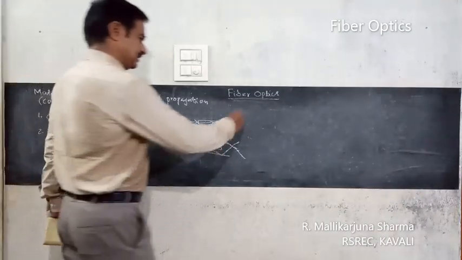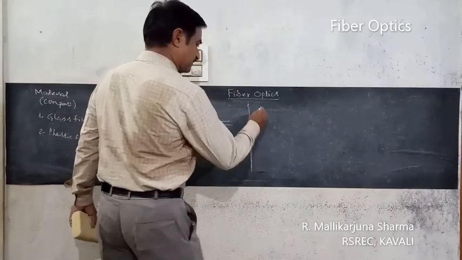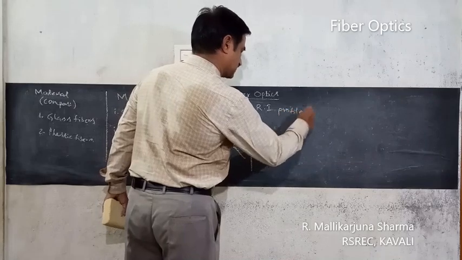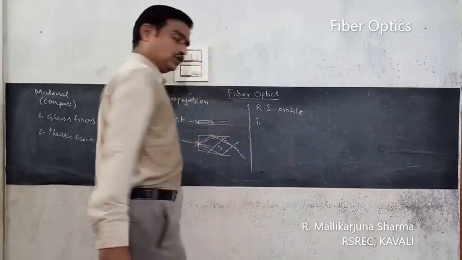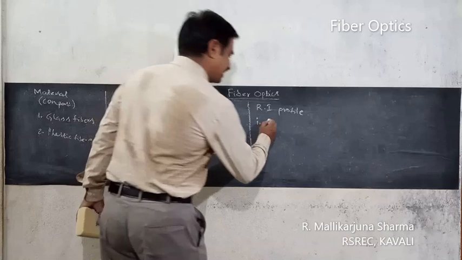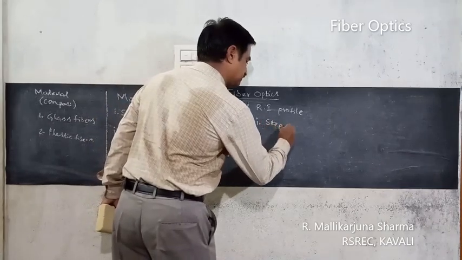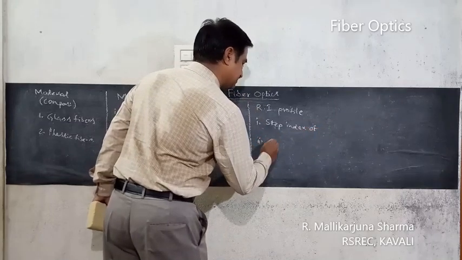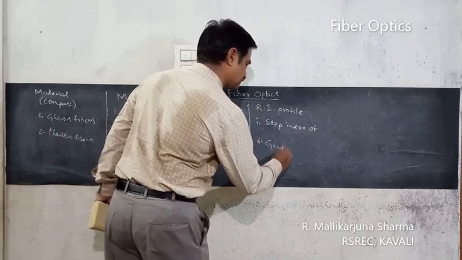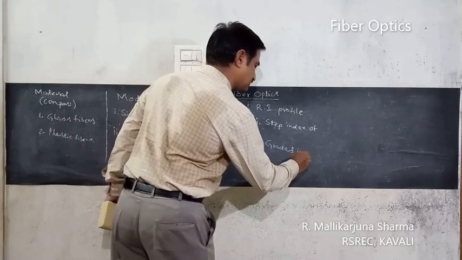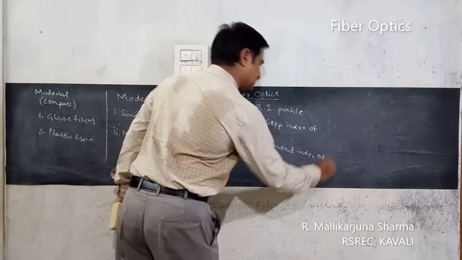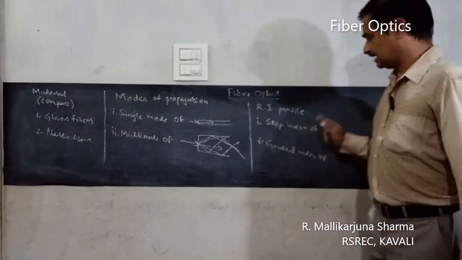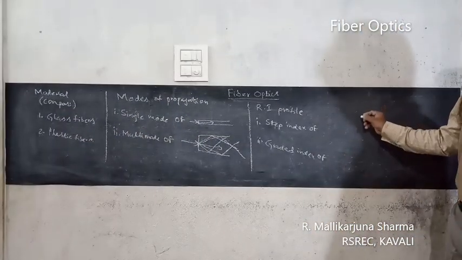Then coming to refractive index profile, again they are divided into two types: step index optical fiber and graded index optical fiber. The names themselves give the meanings. Step index, that is, we have a fiber material.